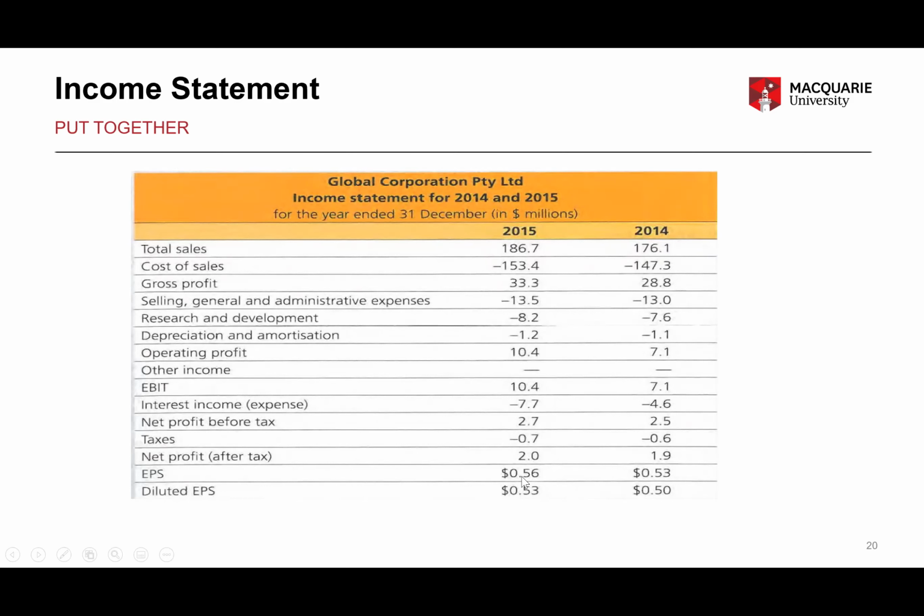The diluted earnings per share, we won't worry too much about, but that's basically if we've issued something like bonds, which are debt to the public, but they are convertible to shares, then this one is saying if the bondholders convert that to shares, what would be the earnings per share? So this is normally a bit lower than the basic earnings per share, but don't worry too much about that.